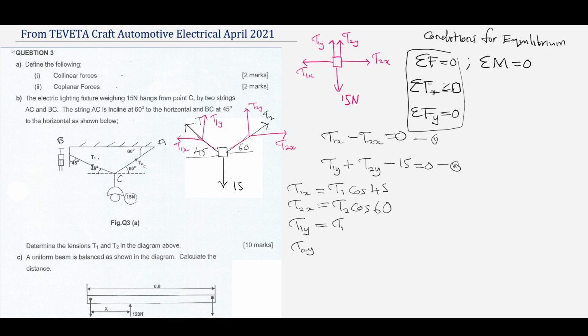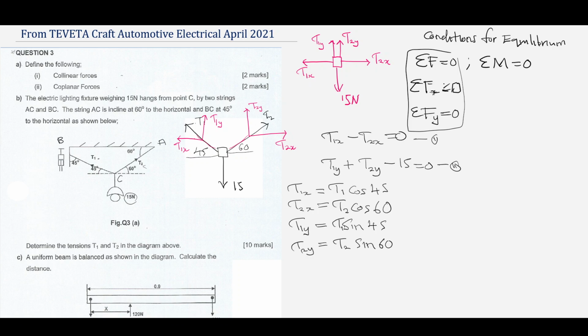So T1y is equal to T1 sine 45, and T2y is equal to T2 sine 60. Okay, so we can replace these in our equations.